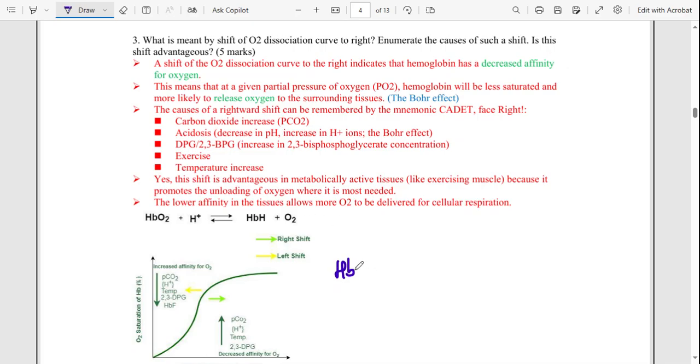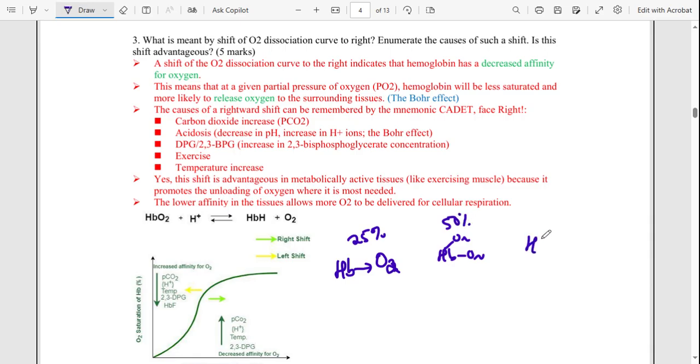So when the hemoglobin is bound to one oxygen, remember it's 4 of them that bind to hemoglobin. So 1 out of 4, that is 25%. So this is 25% saturated. If the hemoglobin is bound to 2 oxygens, that is going to be 50% saturated.